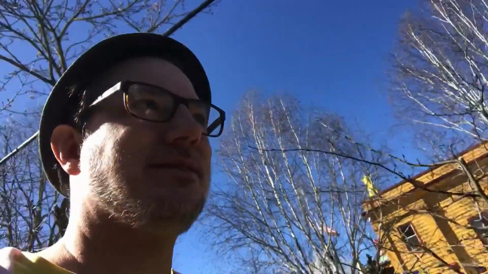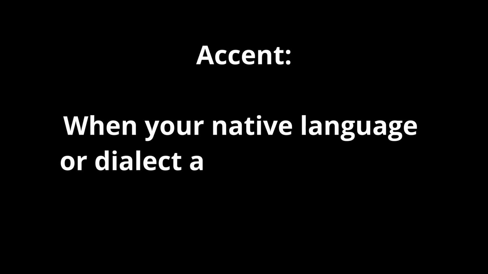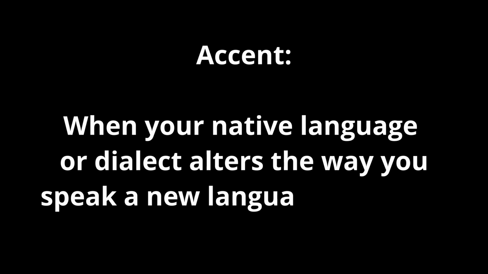Now, accents are different than dialects in that an accent is basically any time somebody who is foreign to a particular dialect or language is speaking in that dialect or language. The people that live in that region or that are using that dialect will detect an accent on that person. So this is particularly noticeable when you learn a foreign language, a language that is not your native tongue.